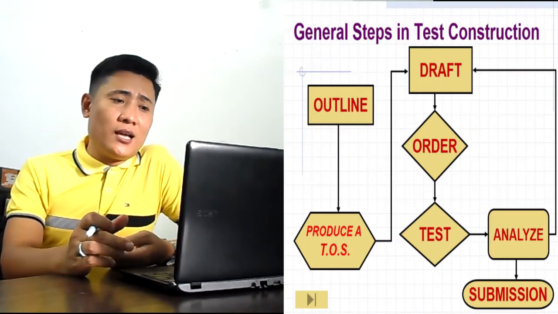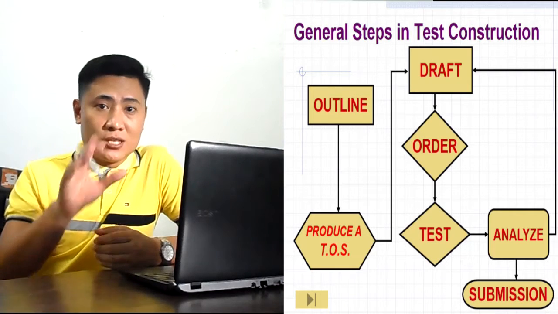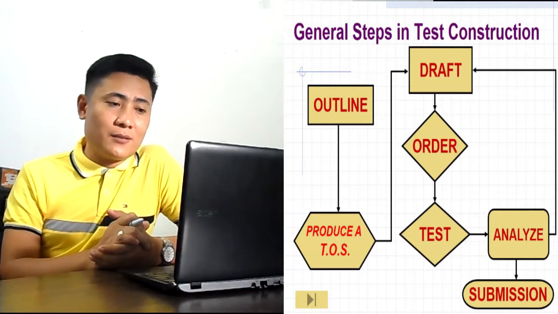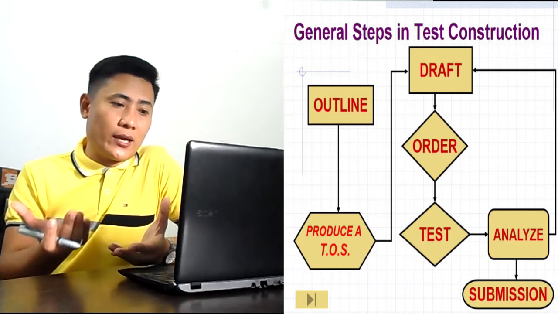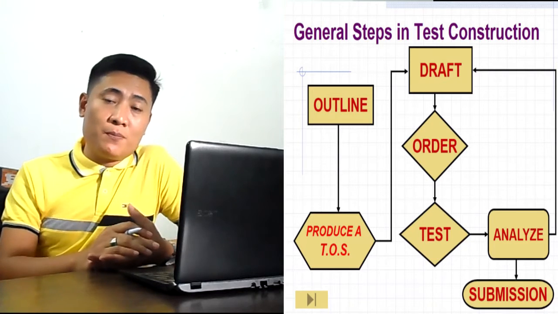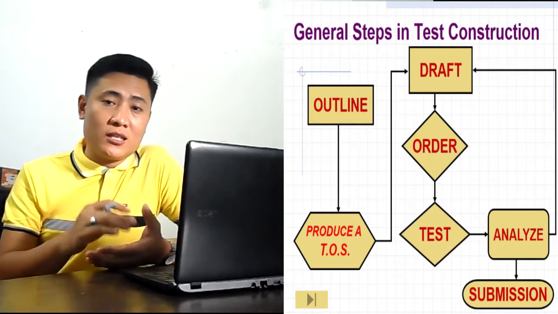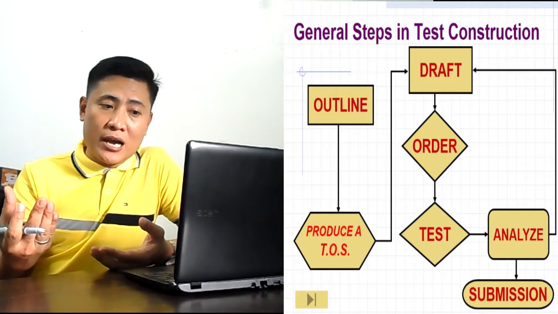Right. In doing the test construction in general, this is the procedure that we can maximize to do this test and tools. We can start with having the outline. For the multiple choice, we are going to produce the TOS or table of specification and do the draft.